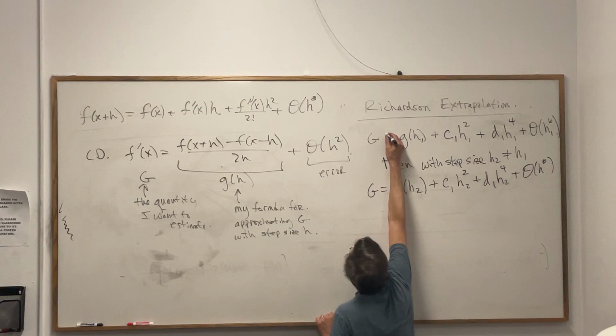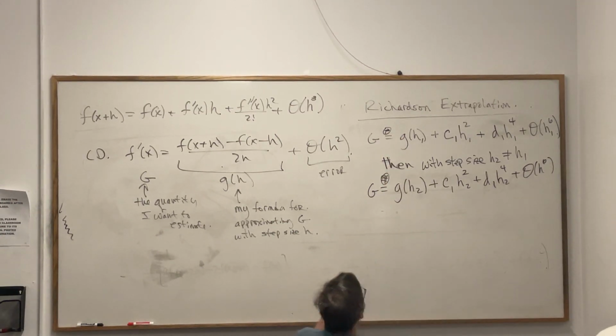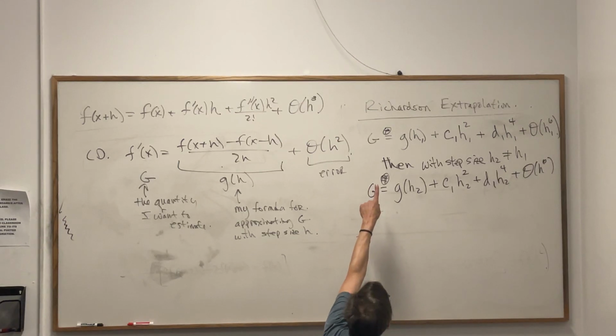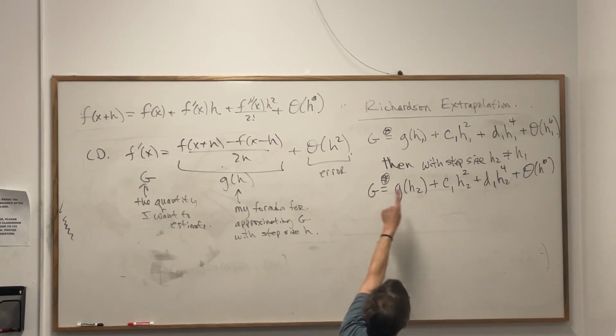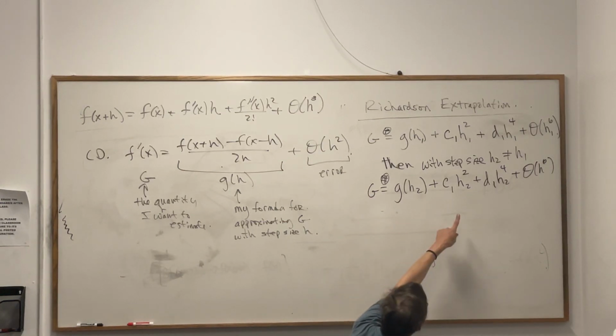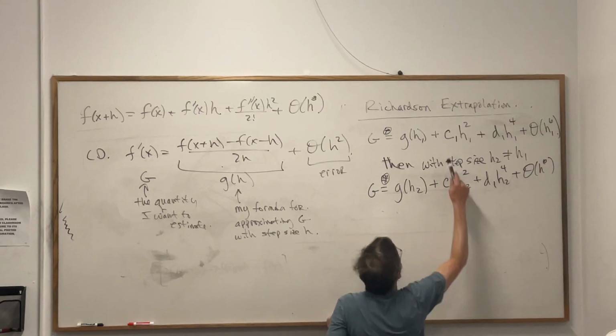So let's call this star. Let's call this pound sign. And I'm going to multiply star times h2 squared, and I'm going to multiply pound sign by h1 squared. And then these two terms will be identical.